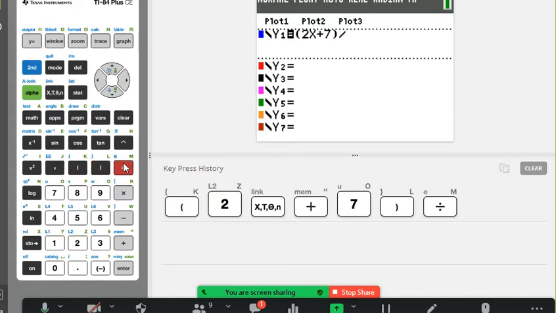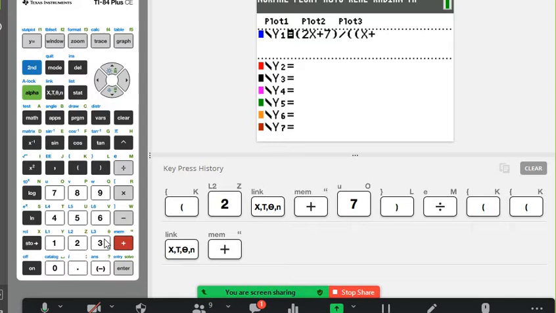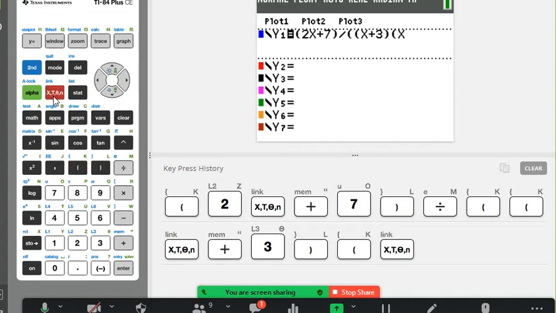Divided by, and then a left parenthesis, and then another left parenthesis. You need two of them. And that's kind of a pain, but you need two of them. Otherwise, you're just going to be dividing by the first one and not the second one. Let's see, it would be x plus 3, and then x plus 4. You want both of those terms in the denominator. That's why you need that extra set of parentheses.